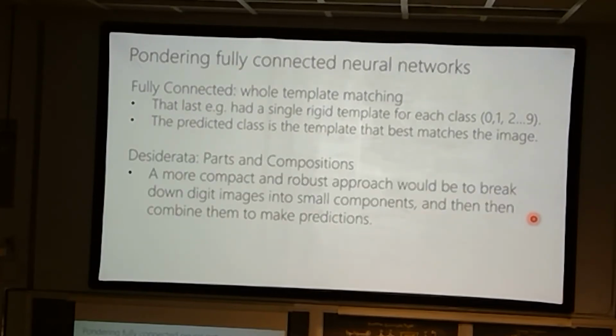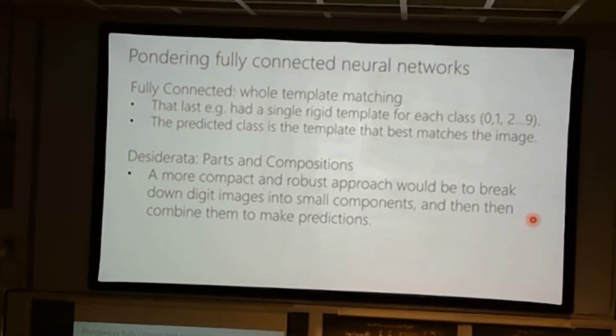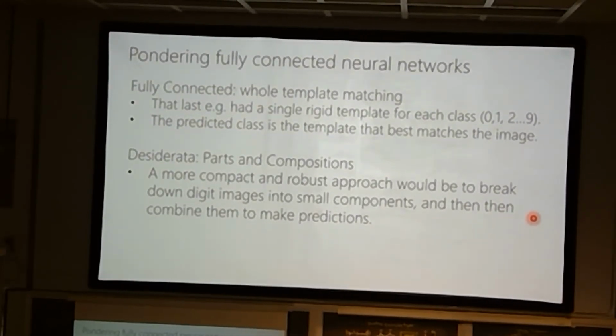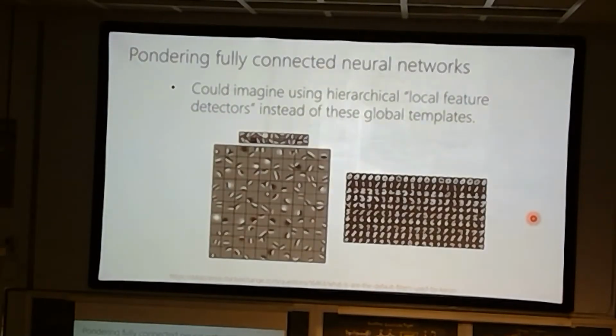And so what we'd really like is something that has parts and compositions that's more compact and more robust than that. In some sense, this is another way that you can think of convolutional neural networks, as having parts and a hierarchy of things. You could imagine starting with some very simple features at the lowest level, where you apply a filter all over the image in different places, and it tells you, is there an edge there in this particular orientation?